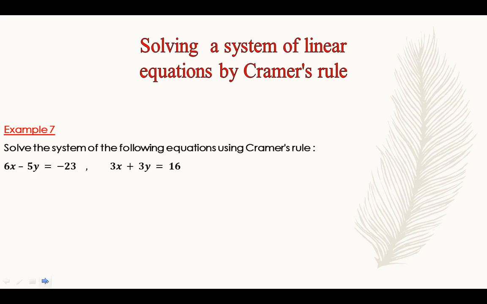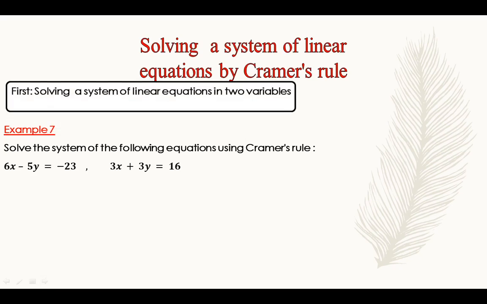Solving a system of linear equations by using Cramer's rule. Solving a system of linear equations in two variables. Example 7. Solve the following system of equations using Cramer's rule. Here we have two equations. 6x minus 5y equals negative 23. 3x plus 3y equals 16.